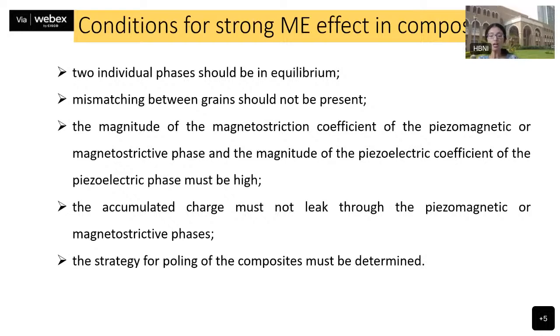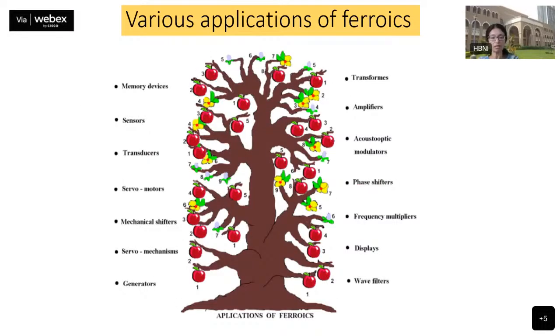The accumulated charge must not leak through the piezomagnetic or magnetostrictive phase, and the strategy of poling of the composites must be determined. So these are the different conditions which need to be fulfilled to have a very strong magnetoelectric effect in a composite. When you're combining two materials, you have to see whether it satisfies all these parameters.